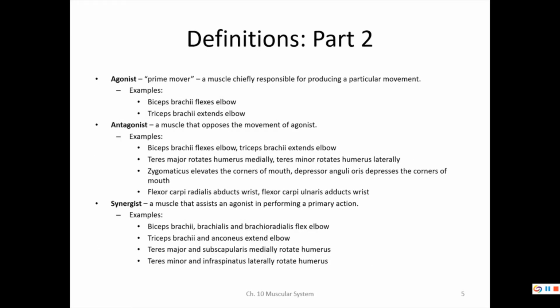Now, another set of definitions that we need to discuss, and I will give examples that will be more applicable later, is the words agonist, antagonist, and synergist. Now, a good way to remember the agonist is the muscle I call the prime mover. If you go to the gym, you probably will hear somebody working out say something like no pain, no gain, or no agony, no braggity.